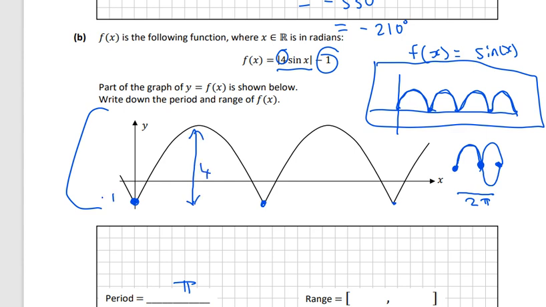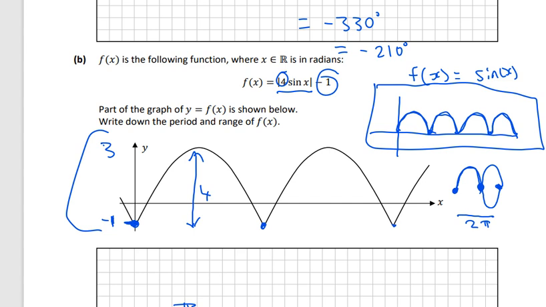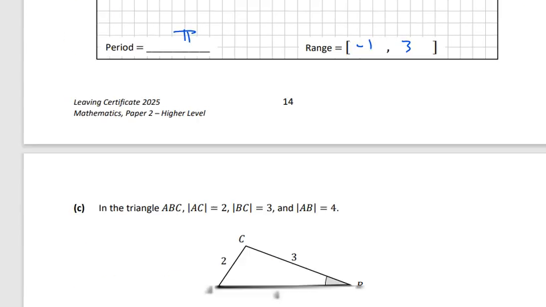So if that is minus 1 at that point, and then it goes up by 4, then it has to be 3 up there. Therefore, the range has to be minus 1, 3. So it's tricky enough there with the absolute value signs. It kind of throws everything out the window.